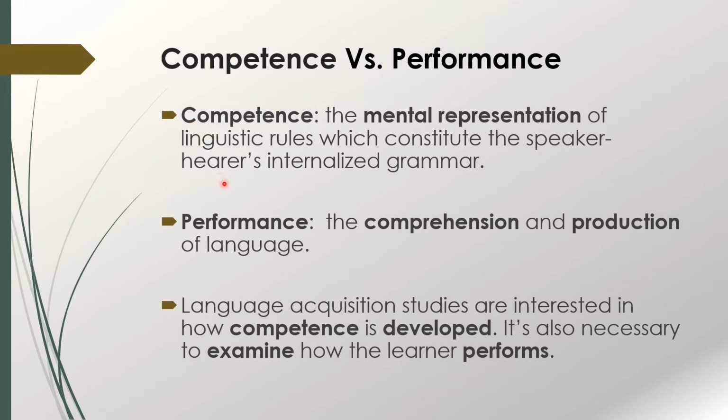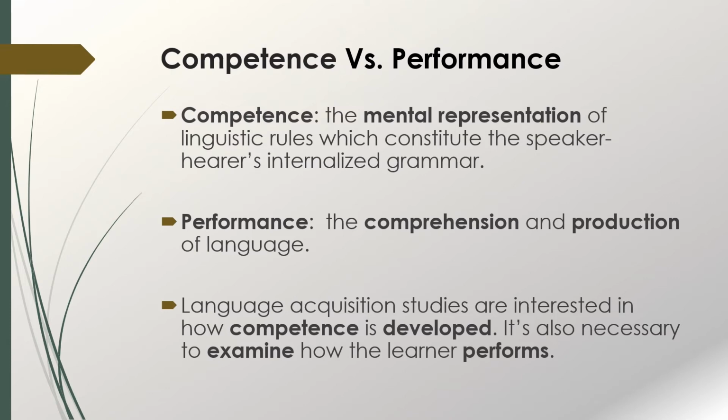And whenever I comprehend that language and produce that language, it will be referred to as my performance. For example, if I know the structure of the English language, then whenever someone tells me a sentence in English, I will be able to comprehend it, and then I will be able to produce that form of language. If I can do that, it will be referred to as my performance.